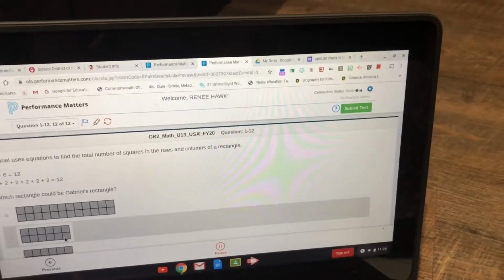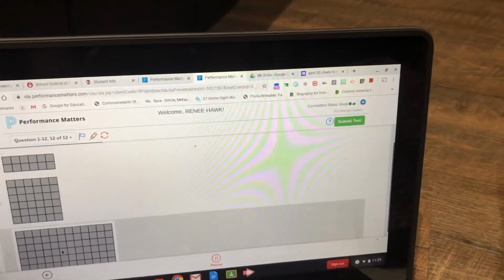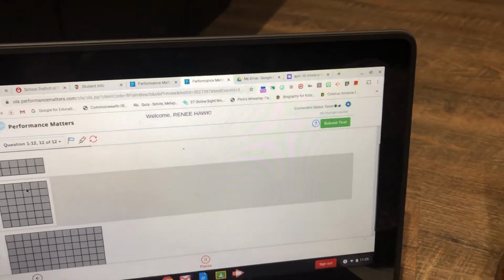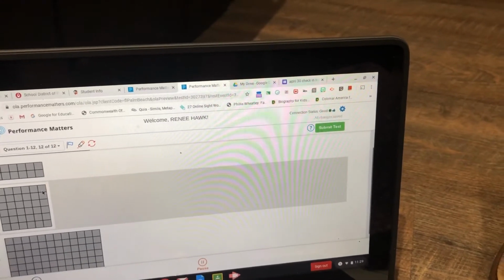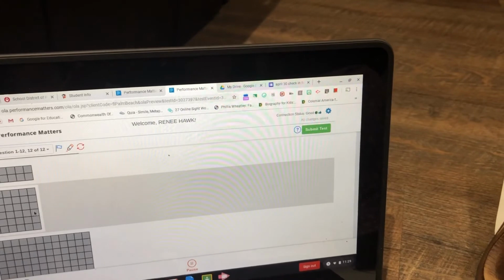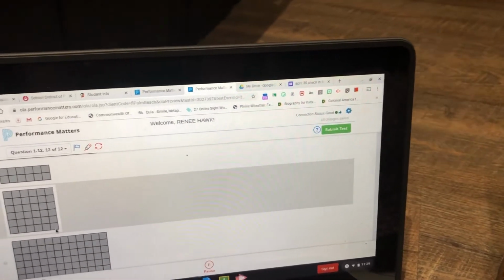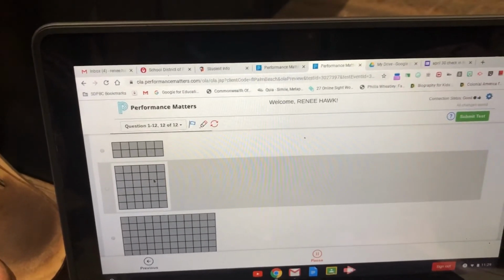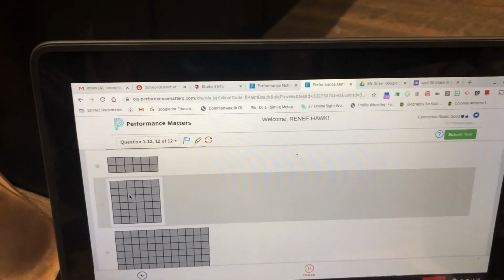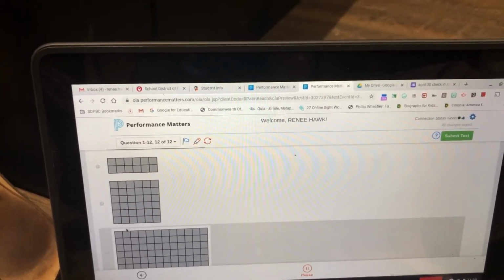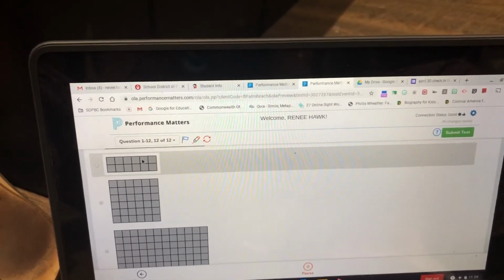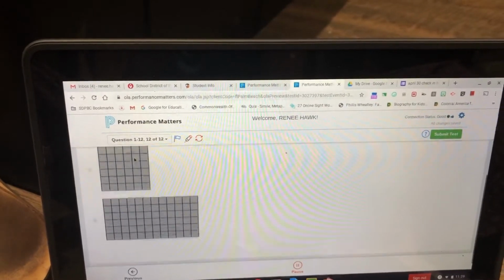All right, that has 12. Let's look at this one. 1, 2, 3, 4, 5, 6. 1, 2, 3, 4, 5, 6. 6 times 6, guys. I'm just telling you, if I counted all these, it is not 12. And this one, just by looking at it, you can tell has way more than 12. So I only have one answer that makes any kind of sense.